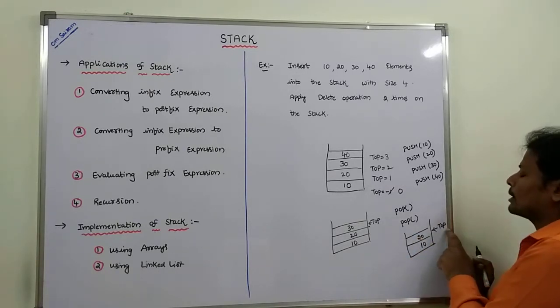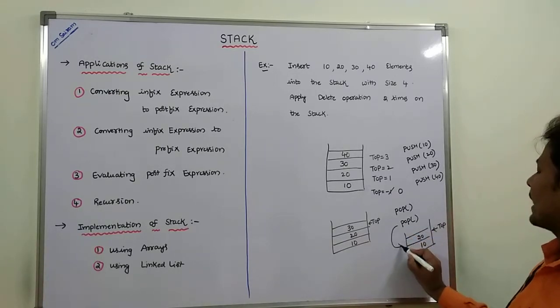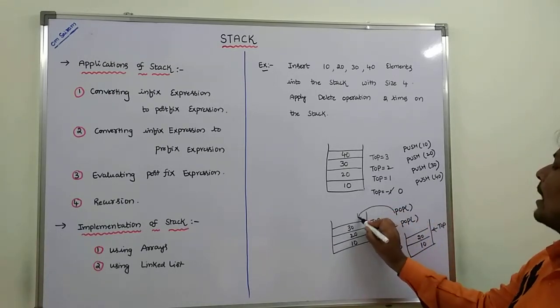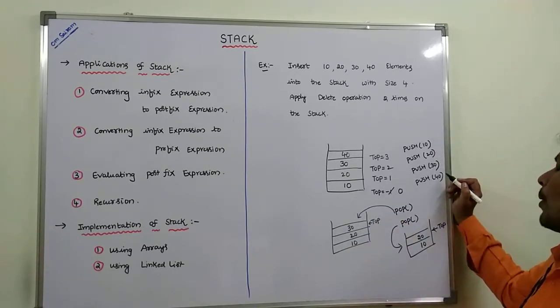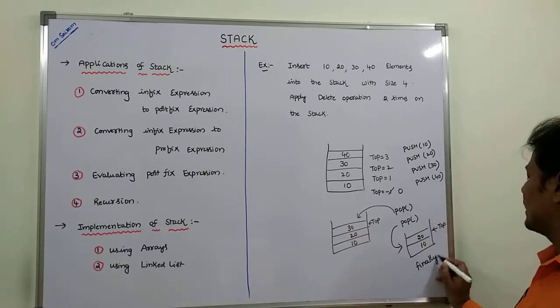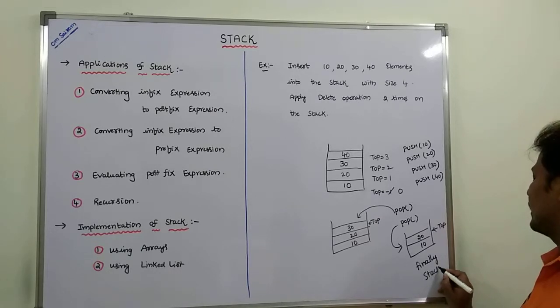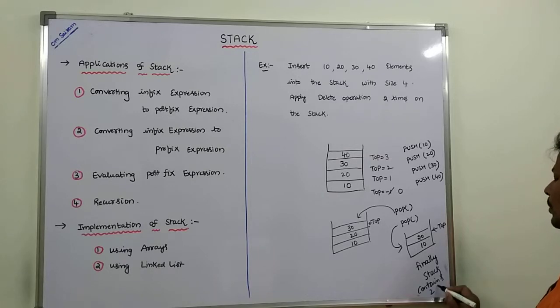So this is the second pop operation and this is the first pop operation. So these are the 4 insert operations. Finally the stack contains 2 elements, that is 10 and 20.